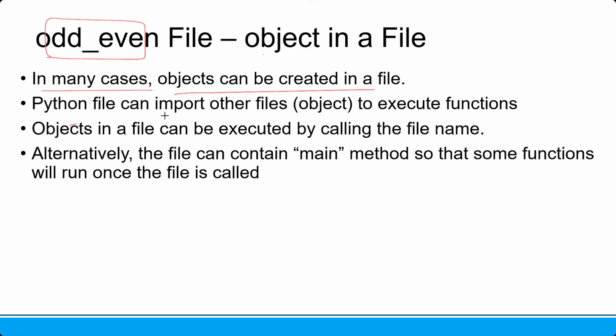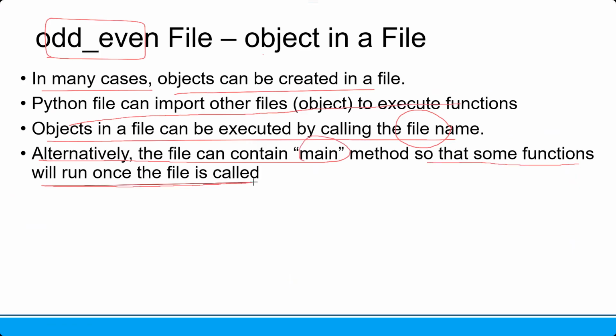The Python file can import other files or objects to execute functions. So objects in a file can be executed by calling the file name. Whenever you call a function or a library, it means that there is a file name. Alternatively, the file can contain a main method so that some functions will run once the file is executed. We will also check this one later.